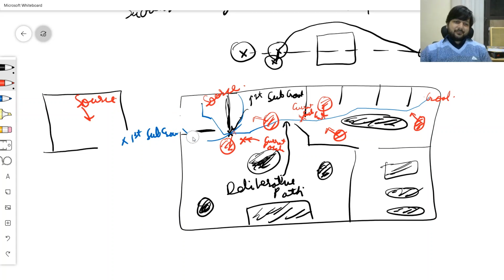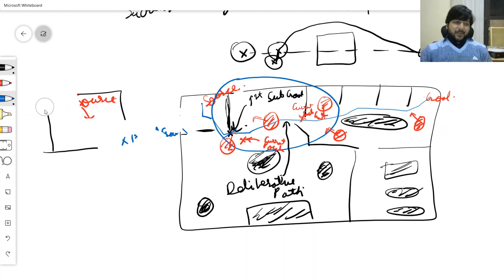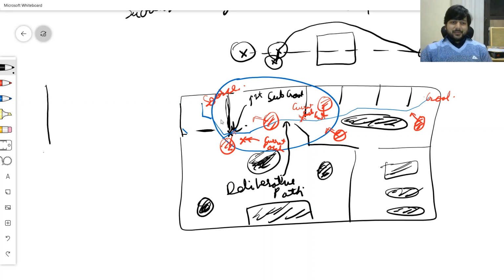Now let me plot this thing up separately. So that's what the map is going to be. So that is this line.